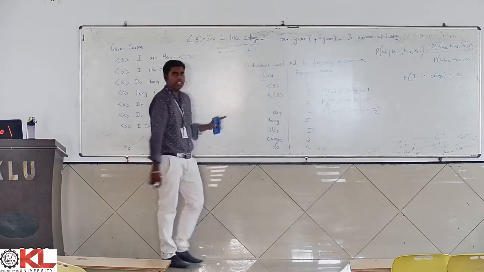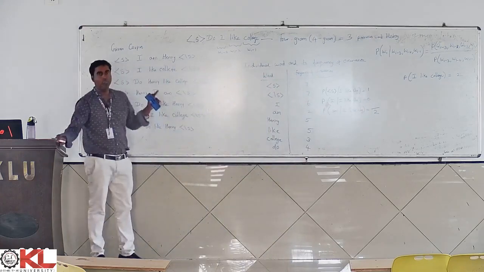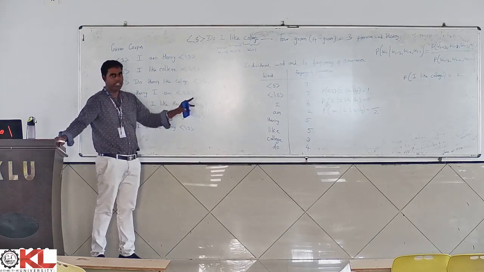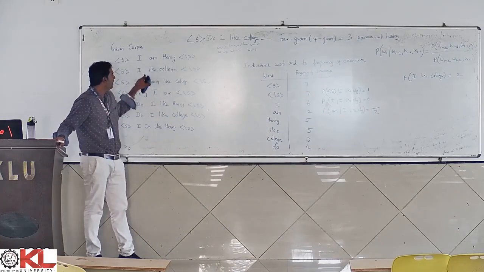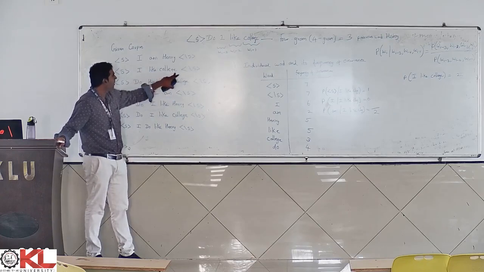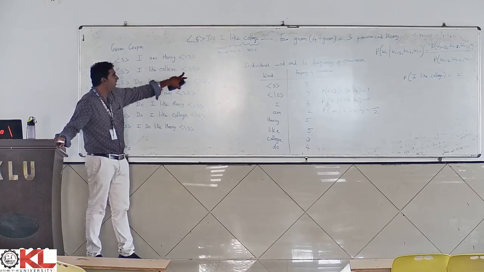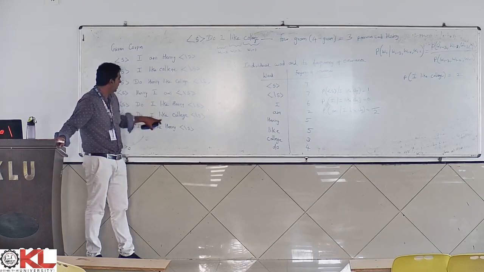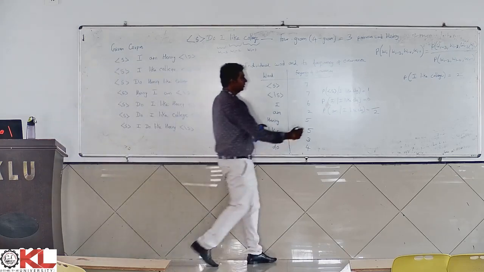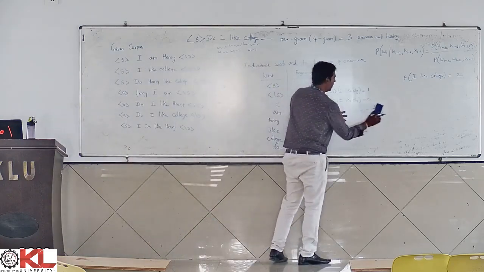For the numerator, I check how many times am occurs after the sequence I like college. We know the sequence occurs two times, so we go directly to those cases and check. After that, does am come? No. So the answer is 0.